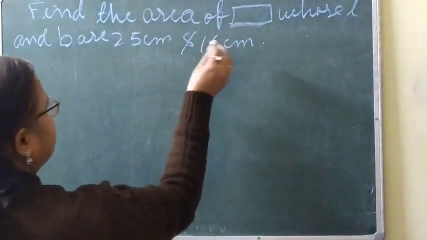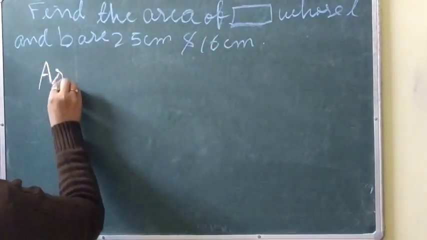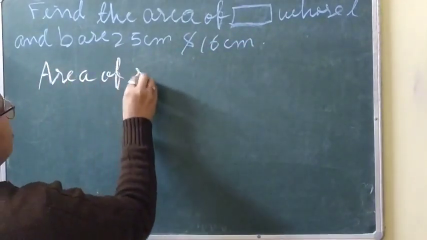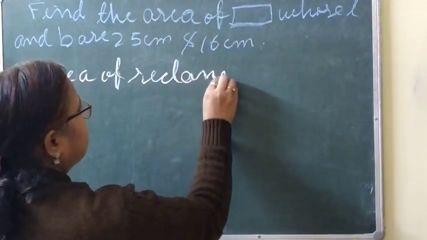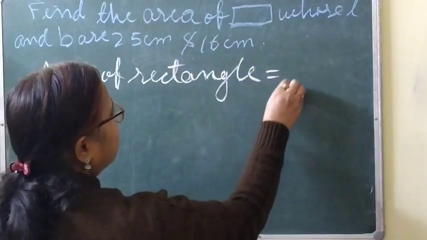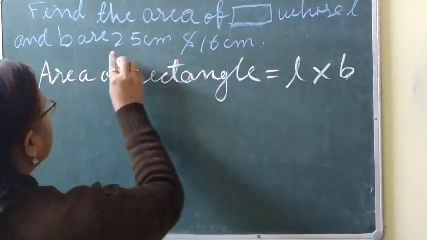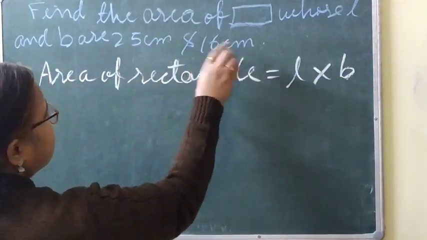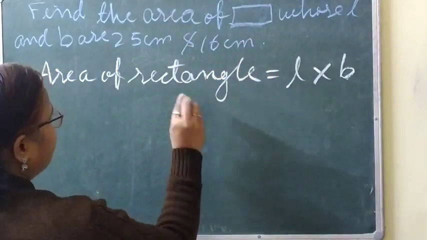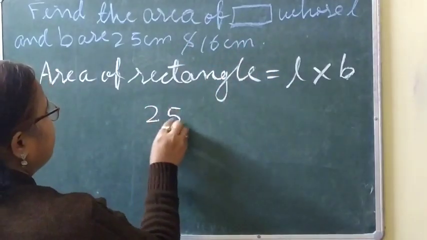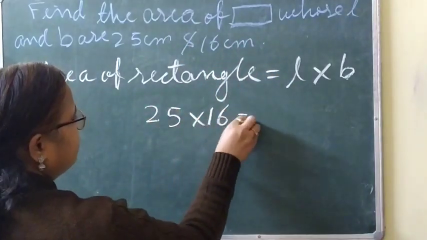You know, area of rectangle is equal to what? Area of rectangle is equal to length into breadth. Okay. So what is length here? 25 centimeter and 16 centimeter. Both are, unit is same. So no problem. Simply we will write 25 into 16.